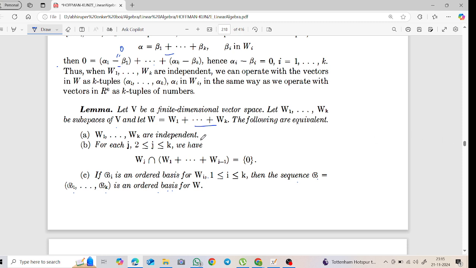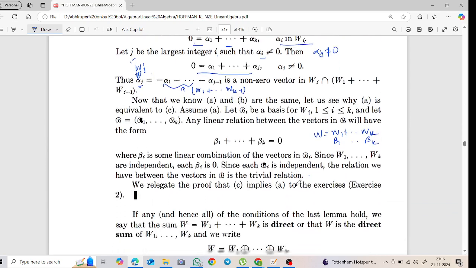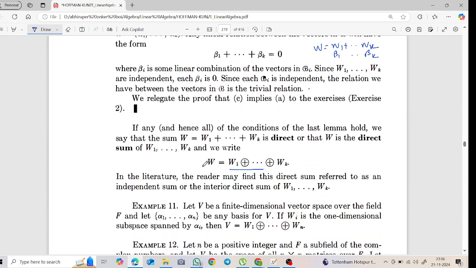Yes, we are trying to show that these are independent. So let's try to show these are independent. Because if these are independent, we know that this W becomes this, but from our definition, V is equal to W, na? So it is enough to prove that they are independent, okay?